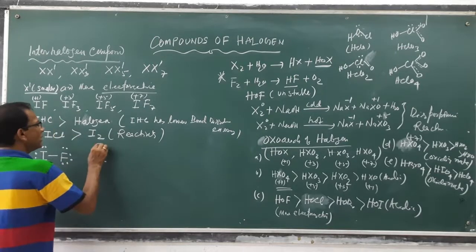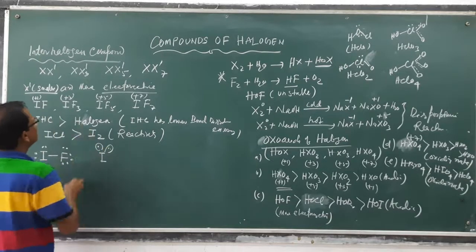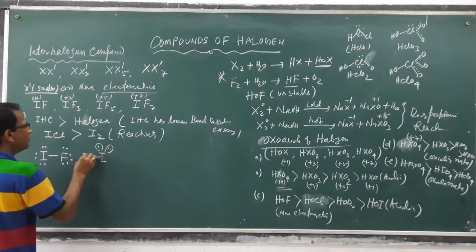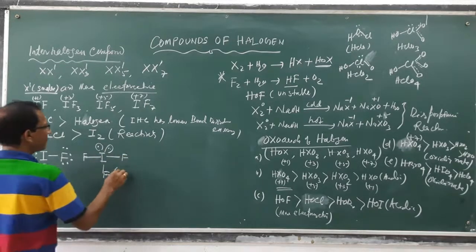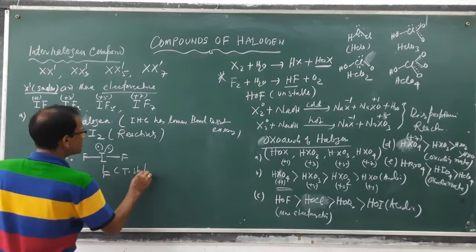So 2 pairs will remain like this, and then 3 fluorines will be in this position. So this is T-shaped.